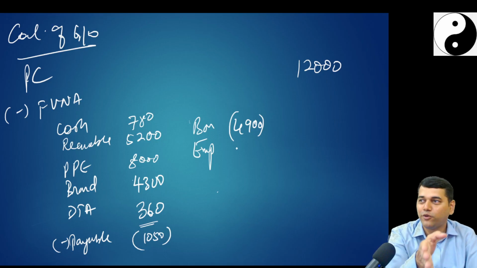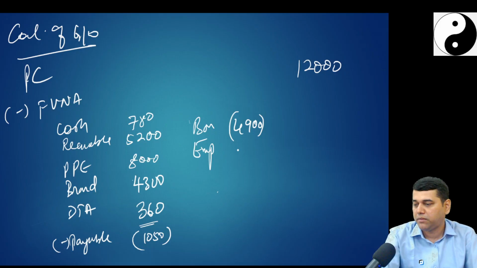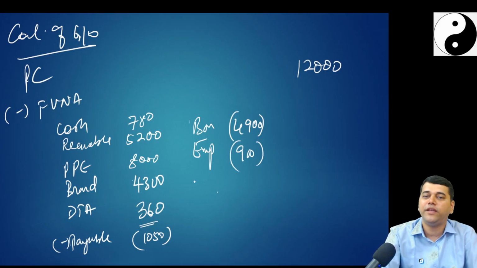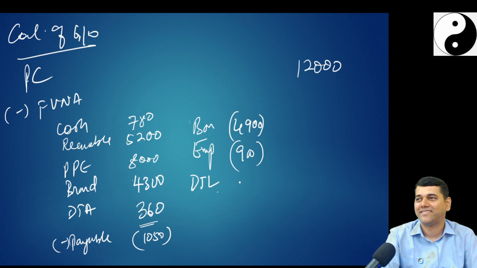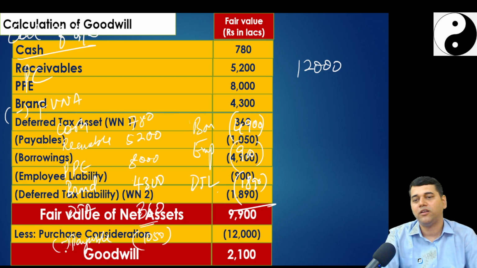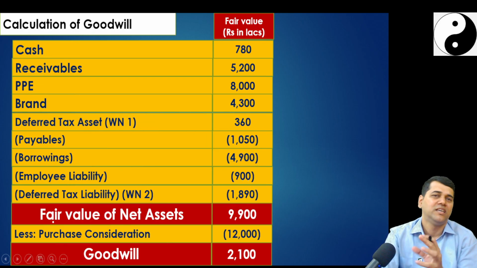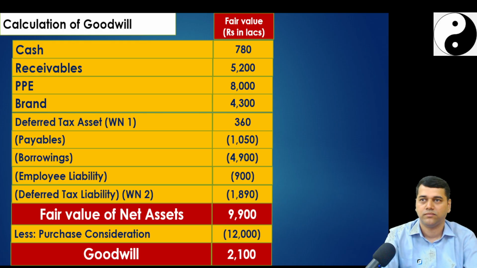But we are doing goodwill calculation. We are passing one journal entry to prepare CFS. Employee liability is 900. Now very important, DTL. How much? Sure? Yes, we deduct all, we get a goodwill of 2,000. That's what this question is, primarily a deferred tax question.